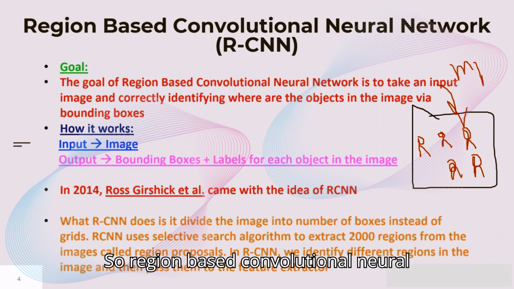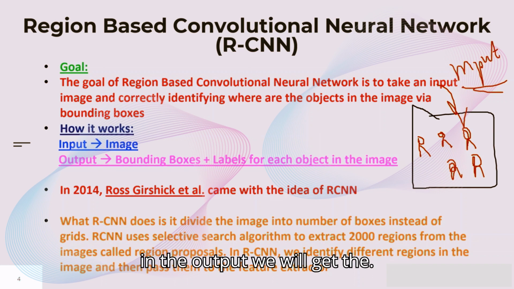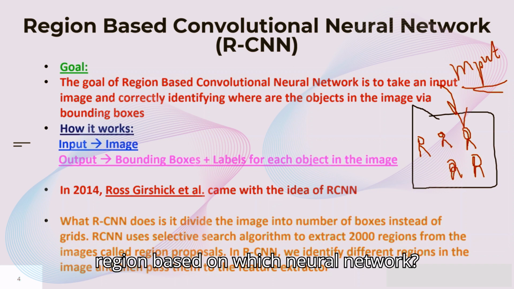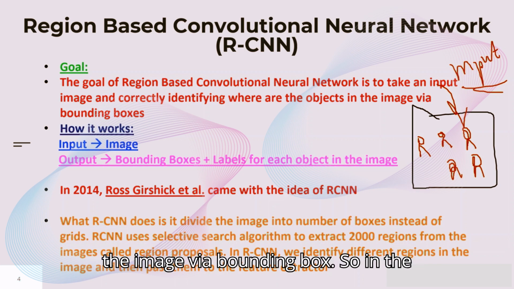The region-based convolutional neural network will take this input image, and in the output we will get the objects with bounding boxes. Through the region-based convolutional neural network, we can identify where the objects in the image are via a bounding box.